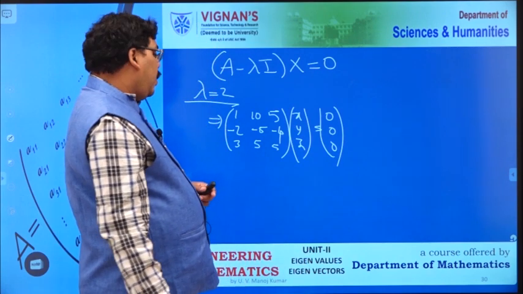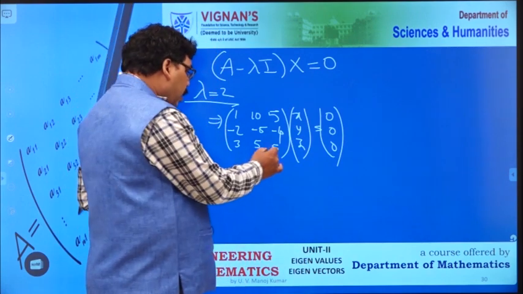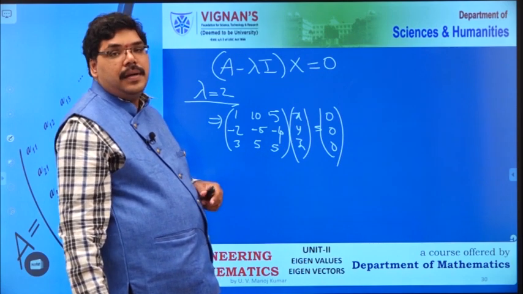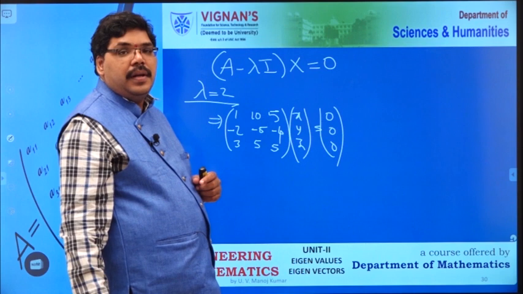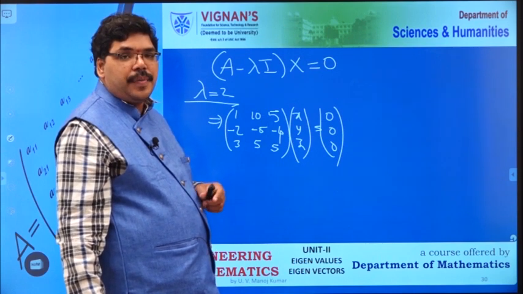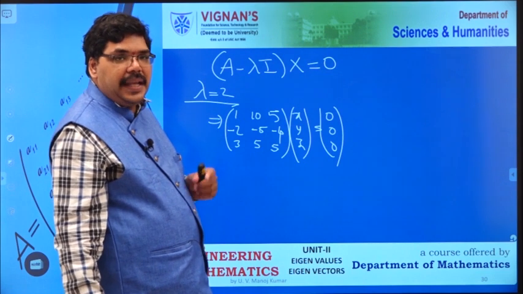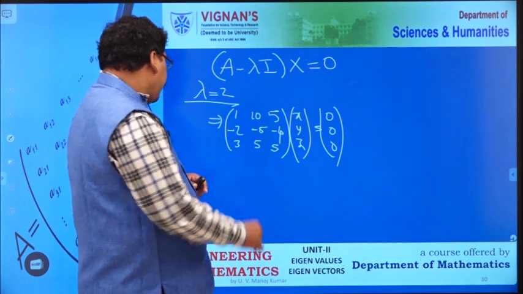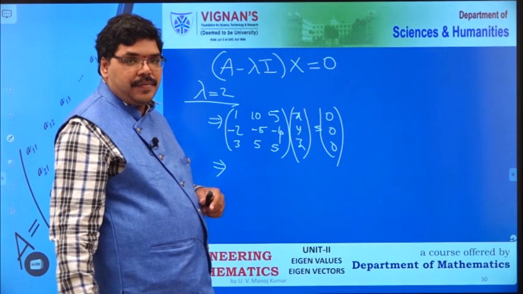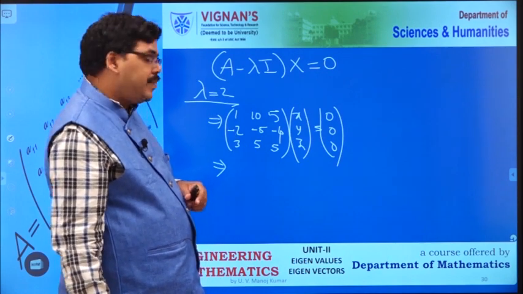So how to find x? Reduce the matrix equation into echelon form by suitable row operations. What are the suitable row operations? Is the matrix A in echelon form or not? It is not in echelon form. So reduce it into echelon form by applying suitable row operations.